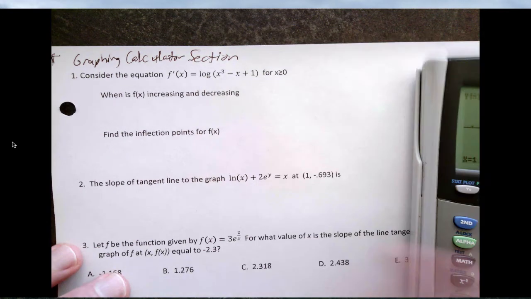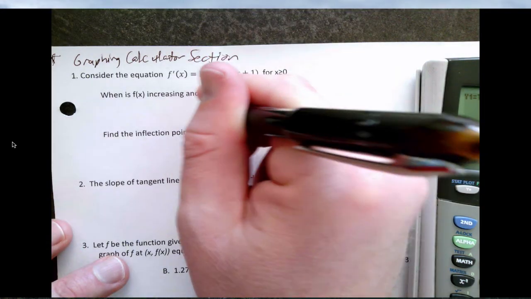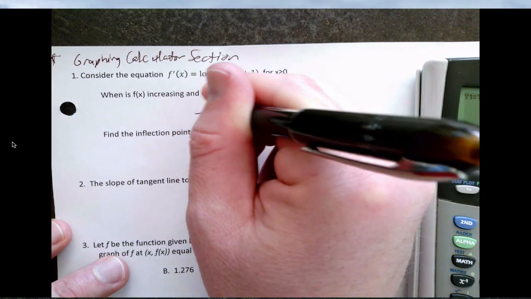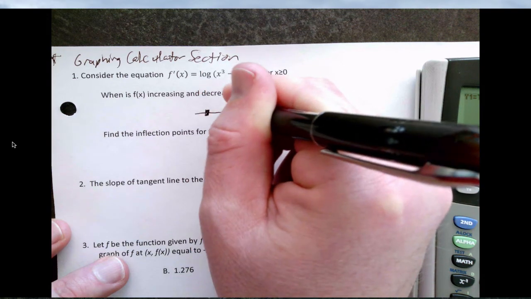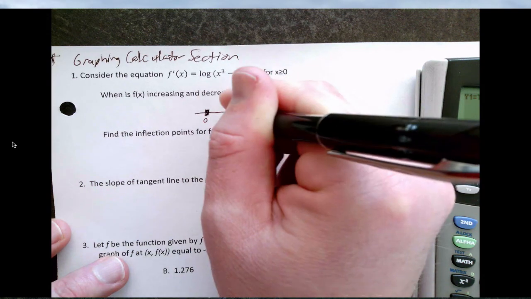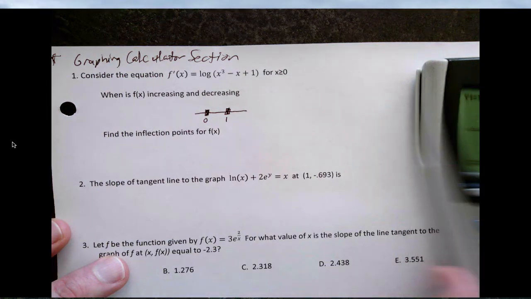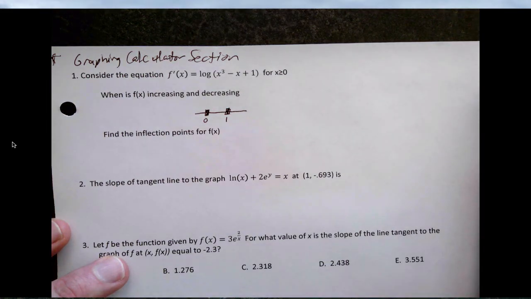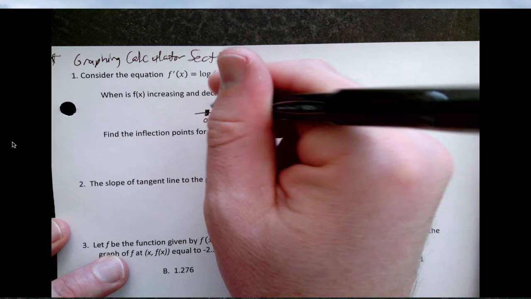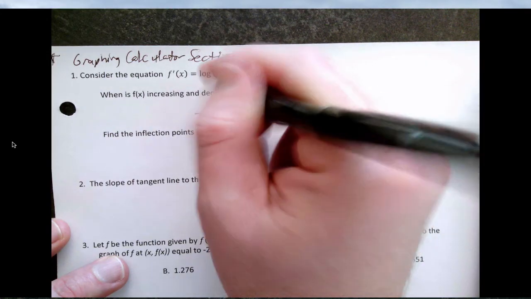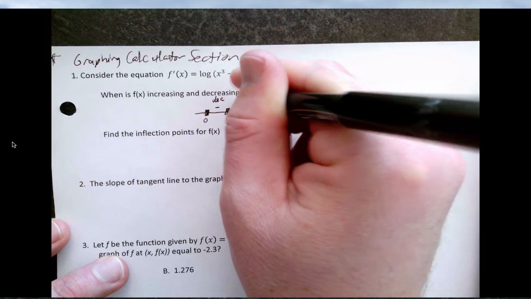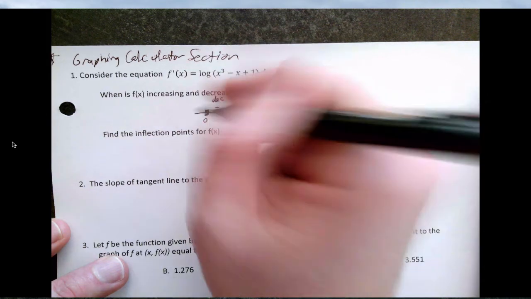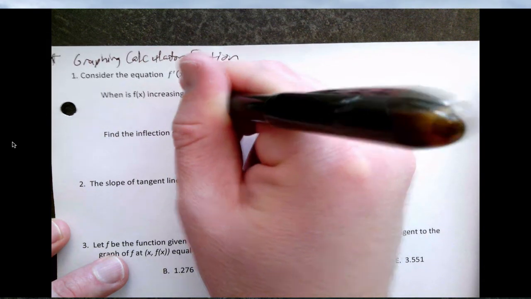Okay. So just as a basic analysis here, what I have at 0 and 1, okay, are the places where we have critical points, because again the derivative equals 0 there. We were under the x-axis, so we are decreasing. We are over the x-axis, so we are increasing, and this is f prime, this is f.